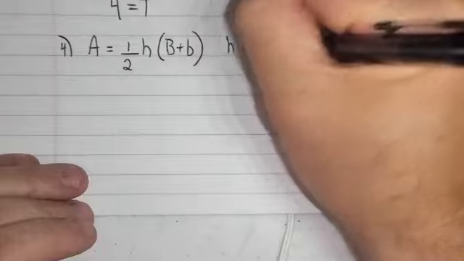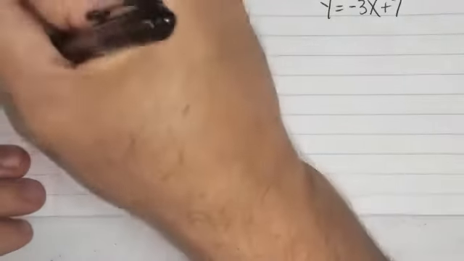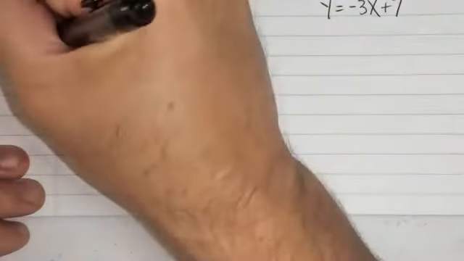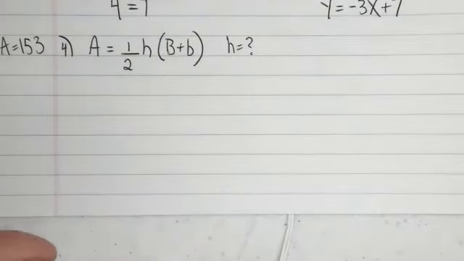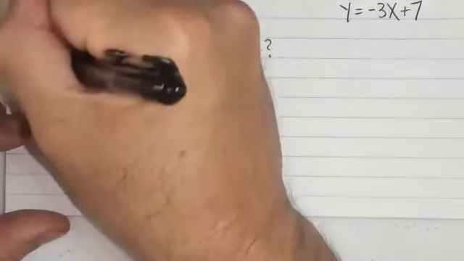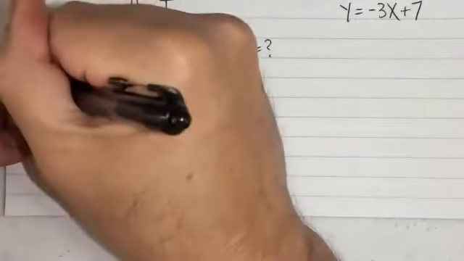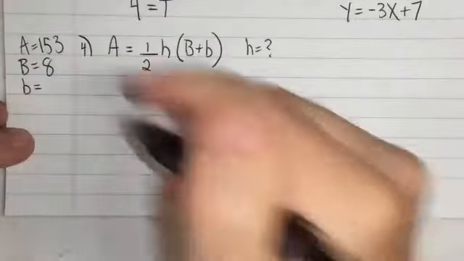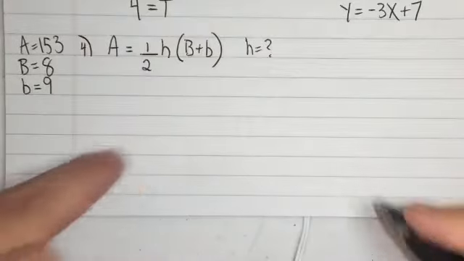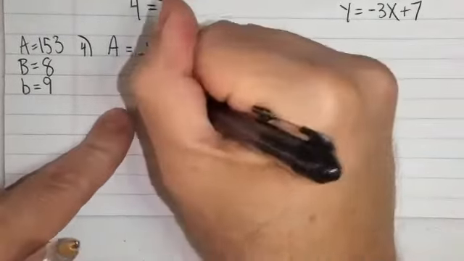H is what's missing. They tell me my a, I'll write it off to the side, is 153. There are two different b's: a capital B that equals 8 and a lowercase b that equals 9. And h is what's missing, so I know h is going to be part of the answer.